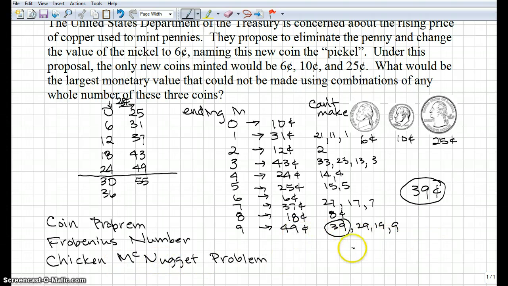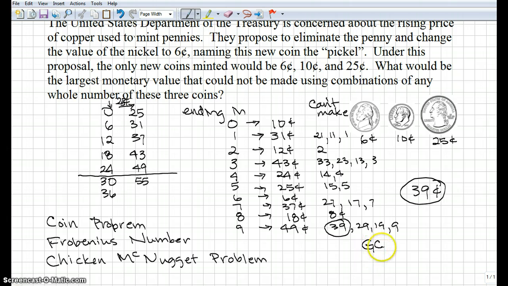Basically, whenever you have a set of numbers where there's no common factors, okay, so you can see here, there's common factors between the 10 and 25. Obviously, there's a common factor of 5, and then there's a common factor of 2 between the 6 and the 10. But between the three of these numbers, there's no common factors.